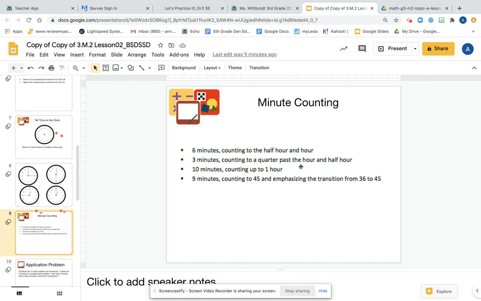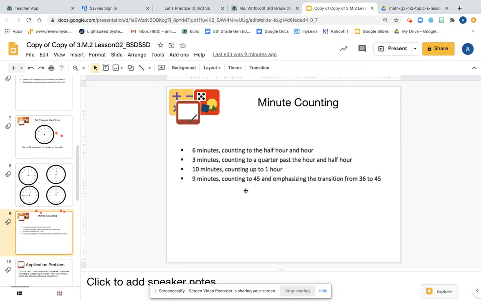Okay? And then we're going to pick back up at 15, and we're going to go all the way to 30, or the half hour. So starting at 15. 15, 18, 21, 24, 27, 30. And we're going to stop because 30 minutes is a half hour.